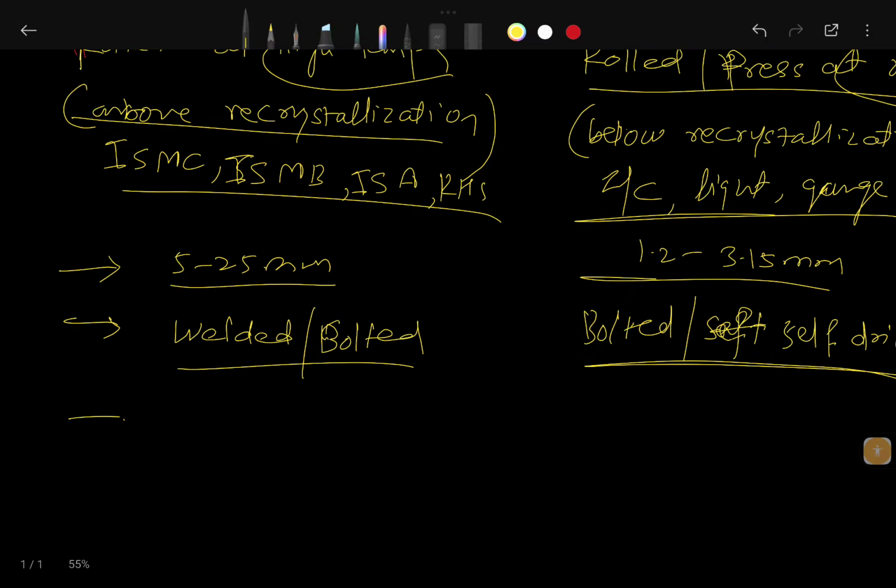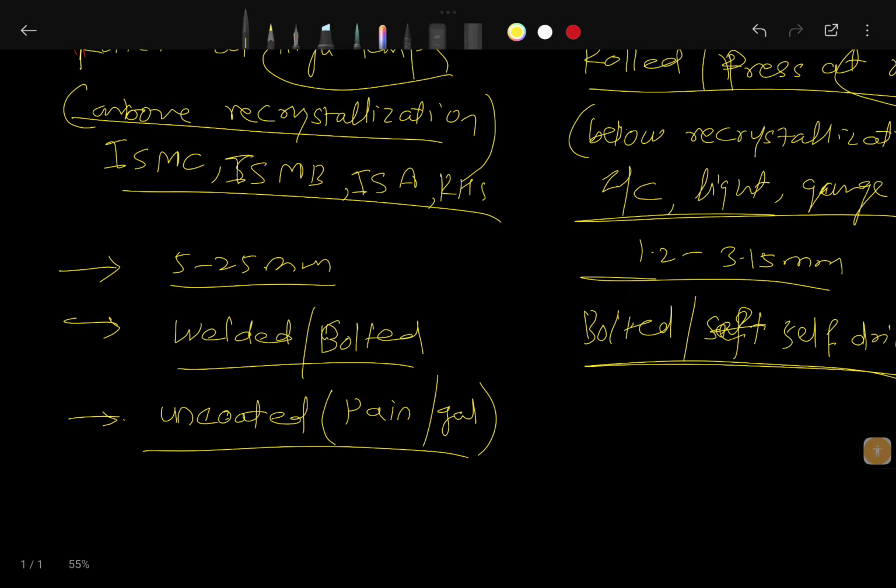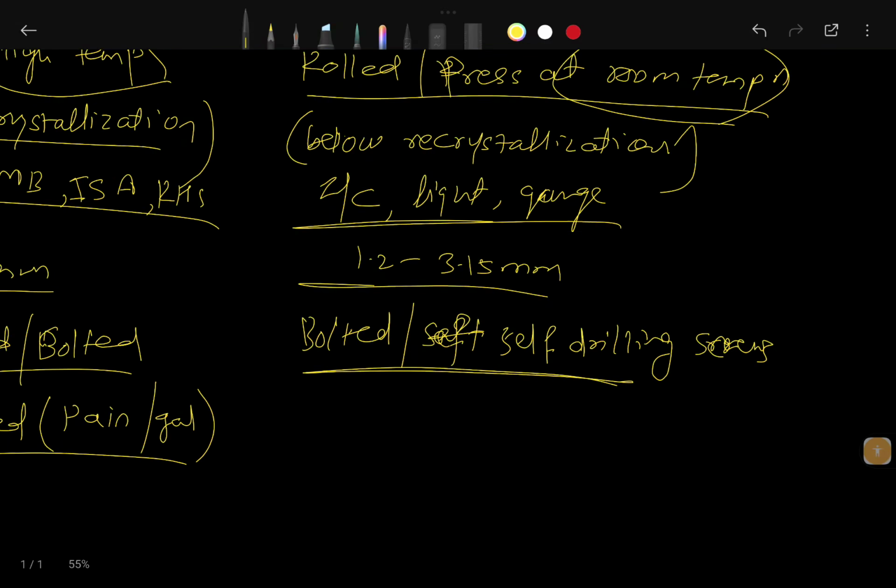The surface finish of hot roll section is uncoated, or generally we paint or galvanize the upper layer. This cold form member we usually pre-galvanize, for corrosion resistance.